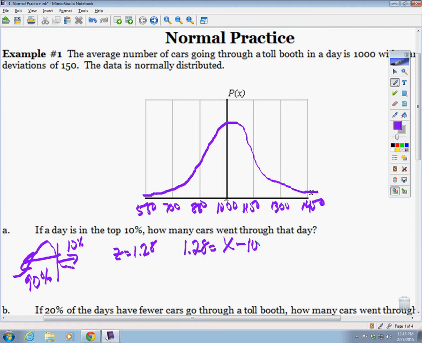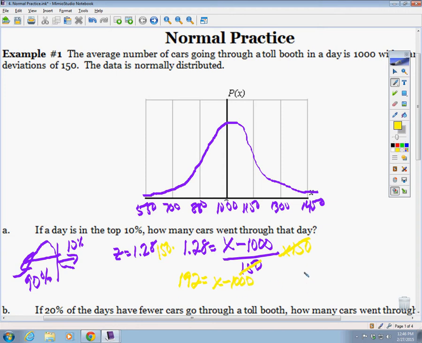Again, plugging that into the Z-score formula, 1.28 equals X minus the mean, 1,000, divided by 150, the standard deviation. So multiply out the 150. The 150s cancel out, leaving us with 192 equals X minus 1,000.